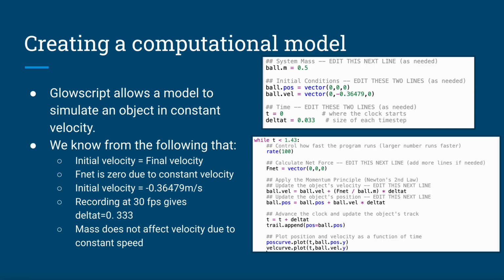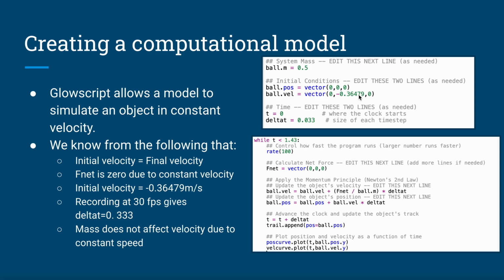And with this, we can now create a computational model. So in GlowScript, we can put in what we just found. Since we know that initial velocity is equal to final velocity, because F net is 0 due to constant velocity, we know that the initial velocity is negative 0.36479. So we can input that in our GlowScript application here.